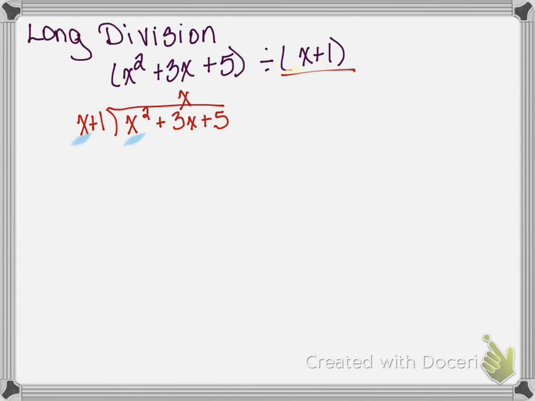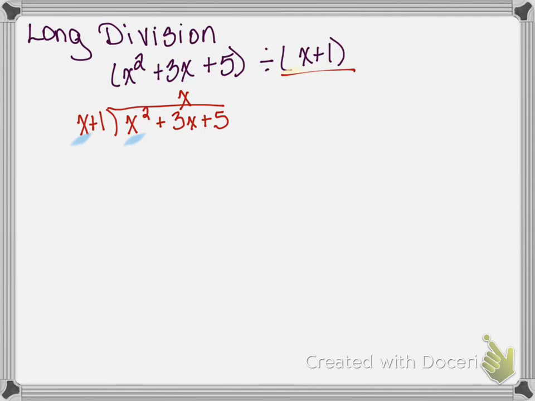It's a place value thing. Just like with the problem before, I wrote my 1 over my hundreds and the 0 over my tens. I'm going to write my x to the first over my linear term, which is my 3x to the first. Okay? Now I'm going to multiply.